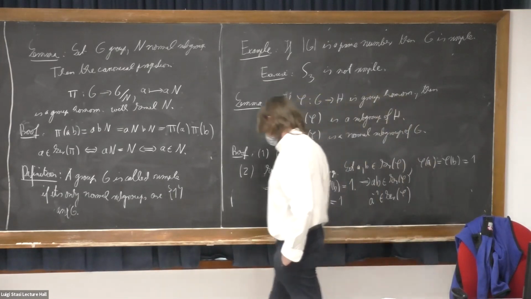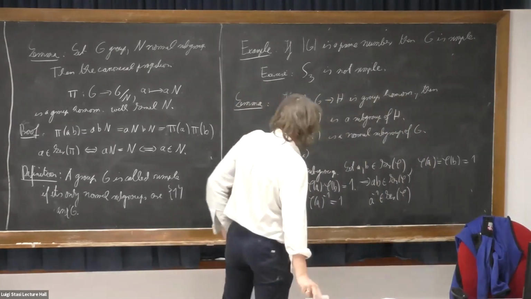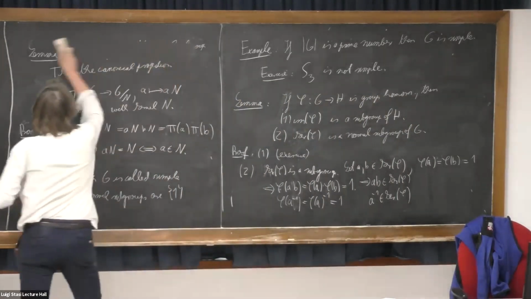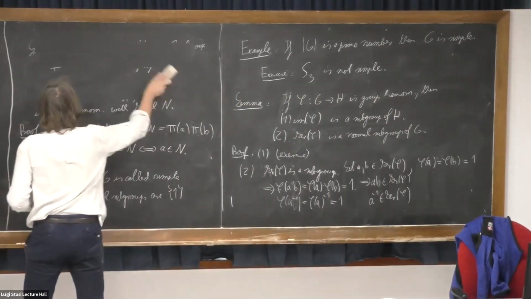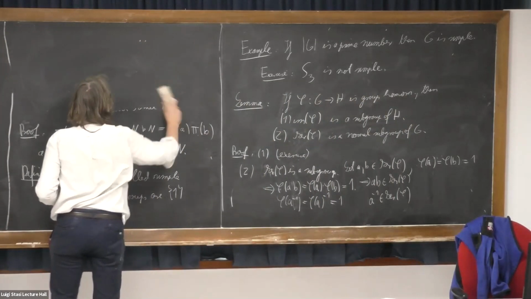So this says it's a subgroup, and then normal subgroup has to do with the fact that it's actually the kernel.